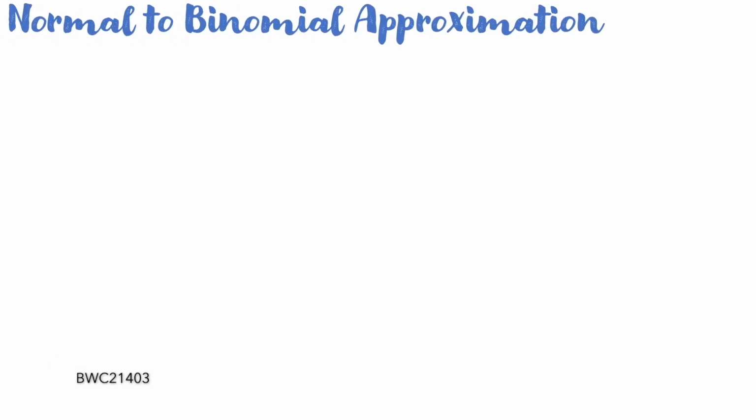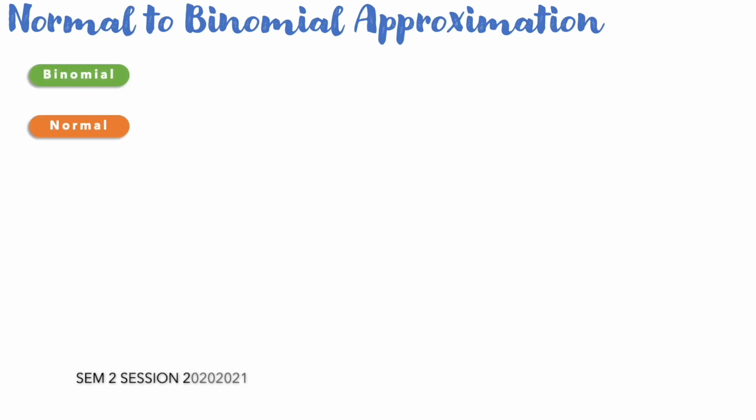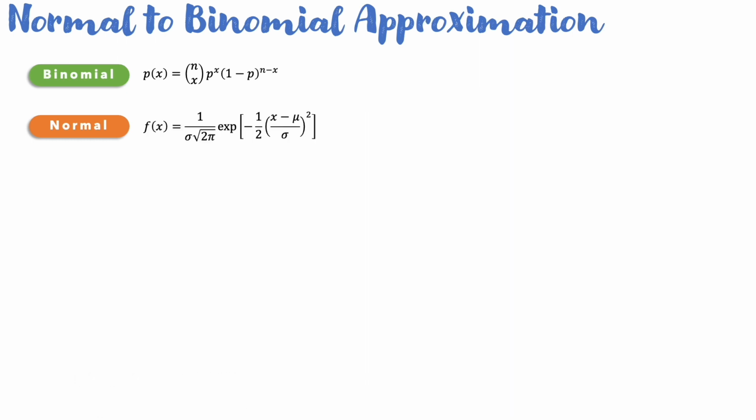the normal approximation to binomial, and we know that the mathematical model for binomial is this, and for normal is this one. In order to apply a normal for binomial, the condition for an adequate approximation is that n, or the sample size, must be large.